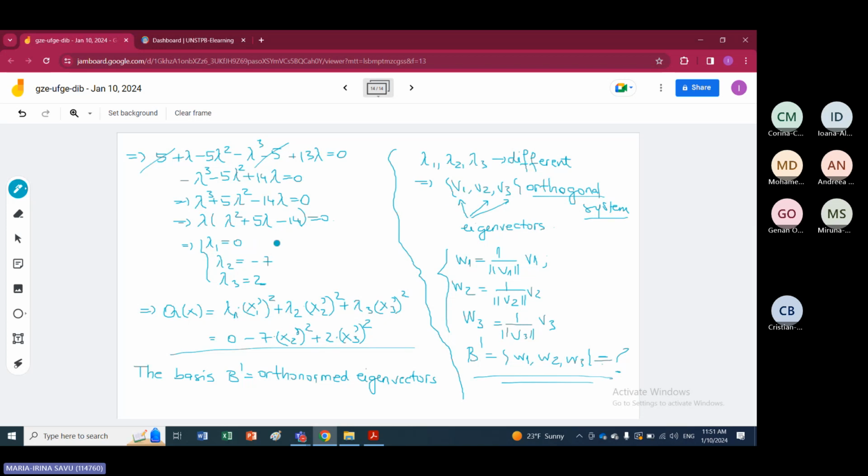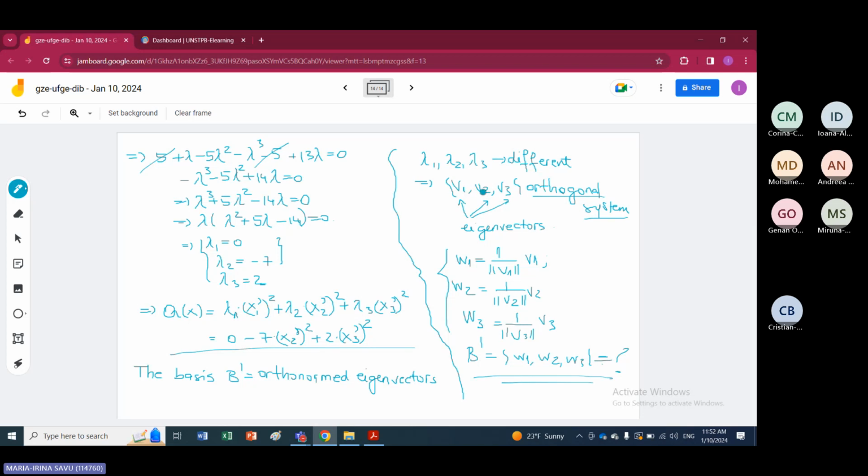But having the same eigenvalue here, 0 and 0, you have V1 and V2 not necessarily orthogonal vectors. So for V1 and V2 corresponding to the same value, you have to orthonormalize them using the Schmidt procedure.